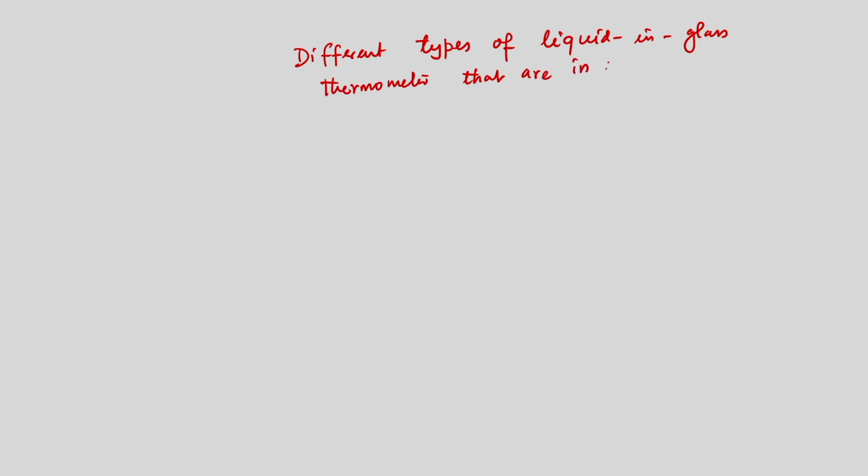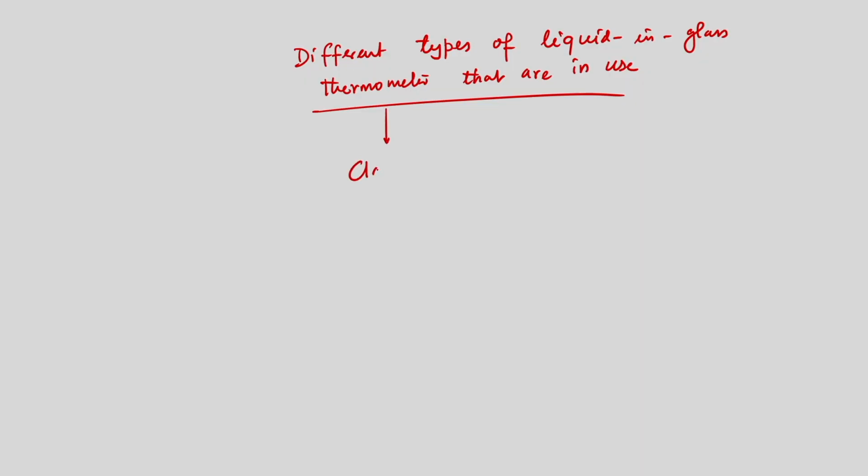Knowing that there are different types of liquid in glass thermometer, we need to know how we can classify them. The classification is based on how they are calibrated and how they are to be used.